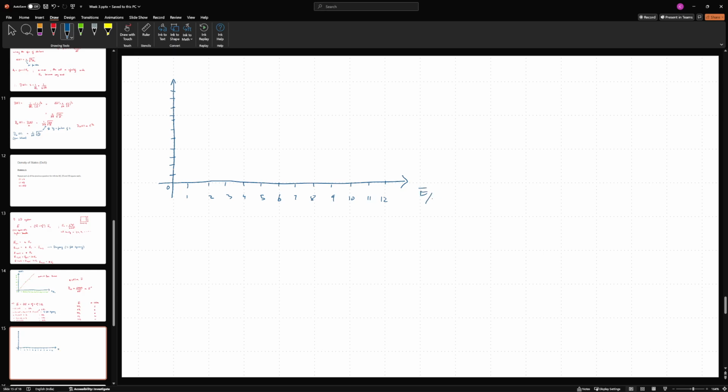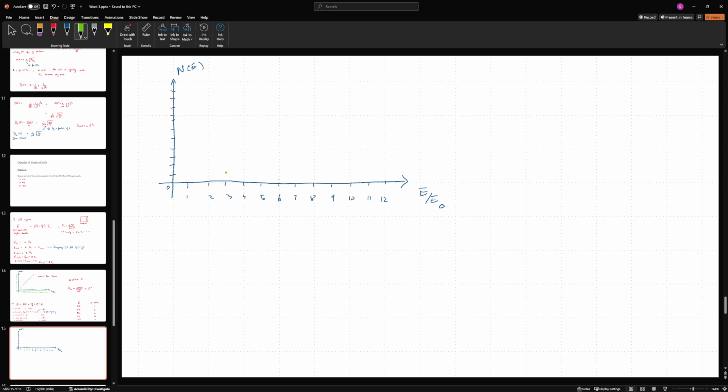So once again, I'm plotting E by E naught, and then I have N of E over here. So below 3 E naught, there is absolutely nothing. So at 3 E naught, I have one state.